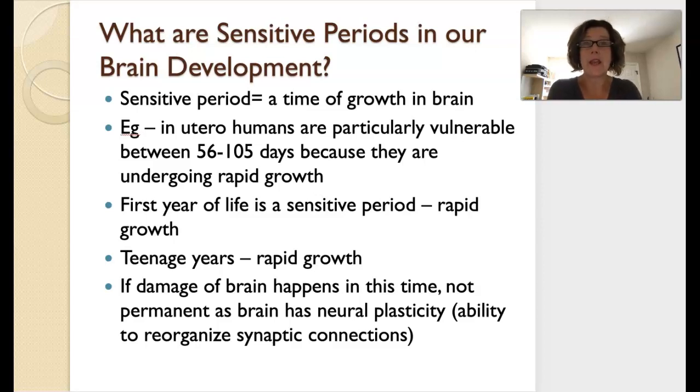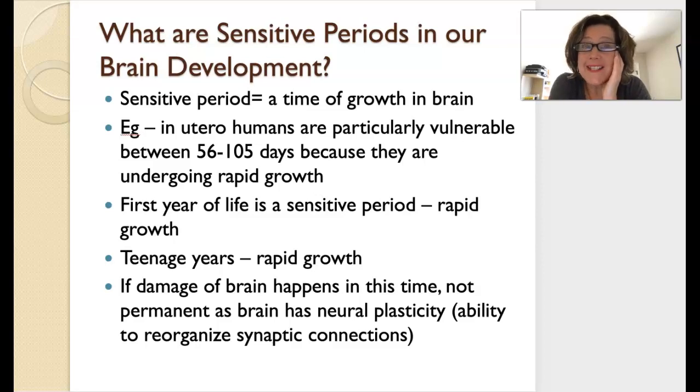This is why if a mother drinks during this time, the child will end up with really severe fetal alcohol syndrome, versus if the mother drinks later in the term, the child will still have fetal alcohol syndrome, but it won't be as severe. So that's why kids with FAS are on such a spectrum, because it really depends on when and how much the mother drank in utero.